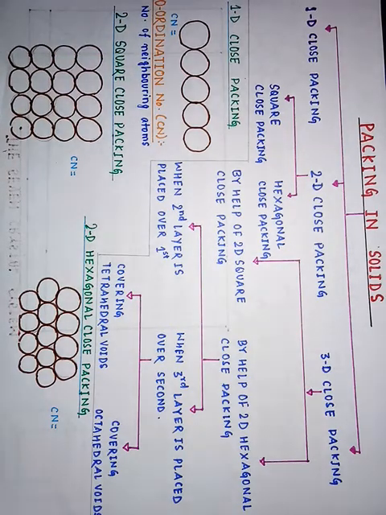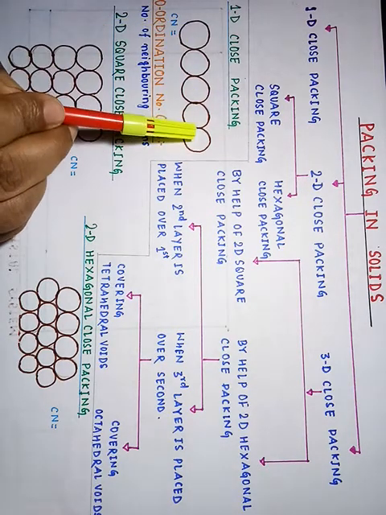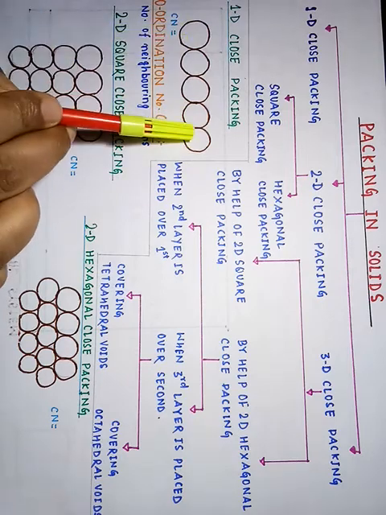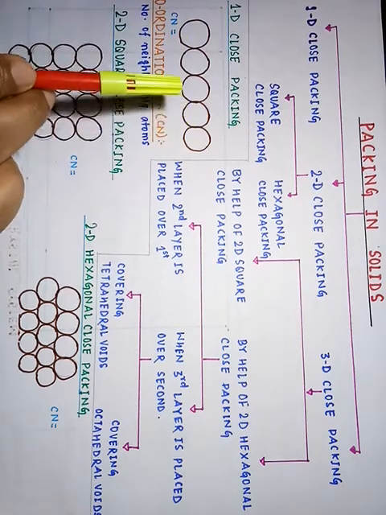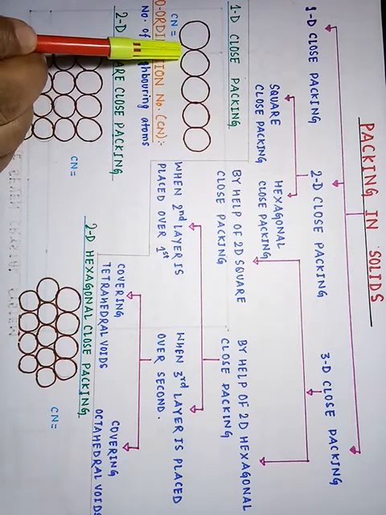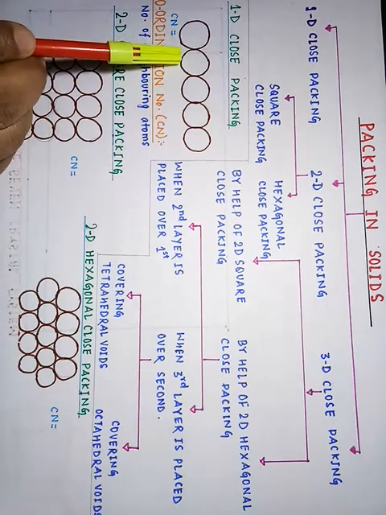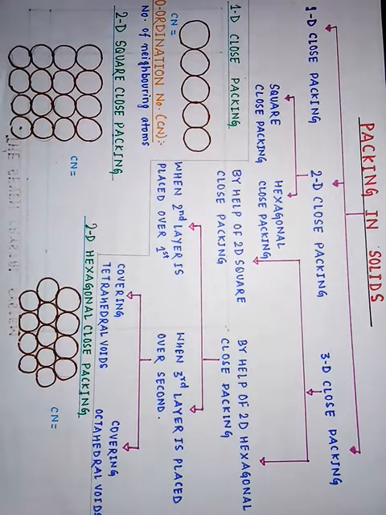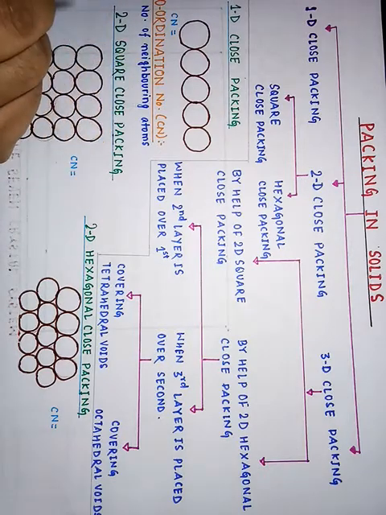कितने सारे पड़ोसी atoms हैं वो coordination number को decide करेगा. So when we talk about one-dimensional close packing, where atoms are just arranged along one of the axes, either x or y or z, we have to find out the coordination number of an atom. Just pick any atom.